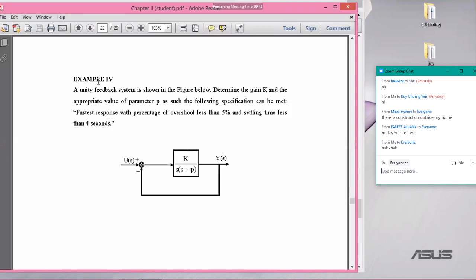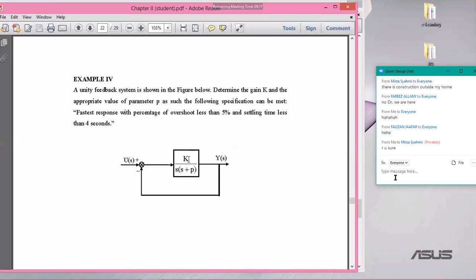Okay. So example 3 is called the analysis part. Analysis type of question where the control system is given to you. All you need to do is analyze how the system behaves. So this example 4 here is a design question. We have a unity feedback system shown below.